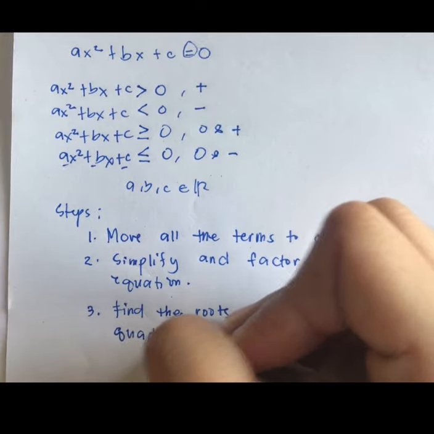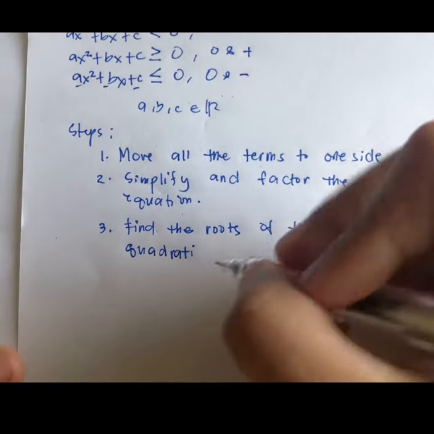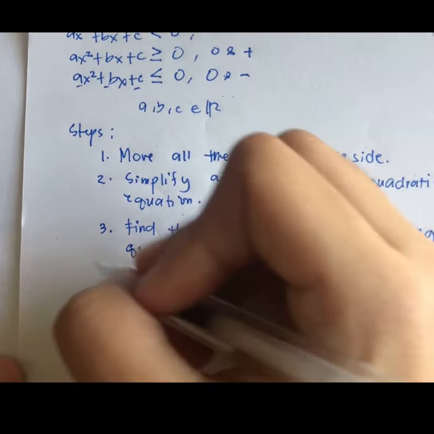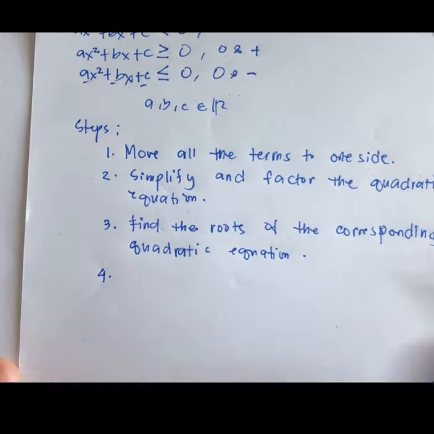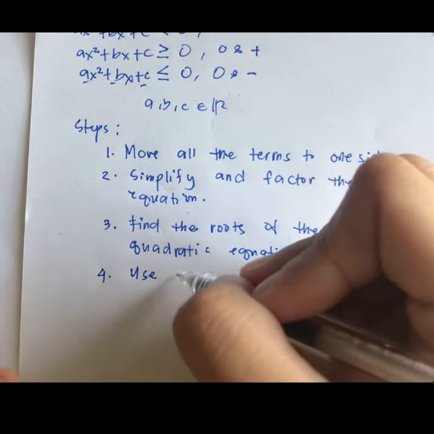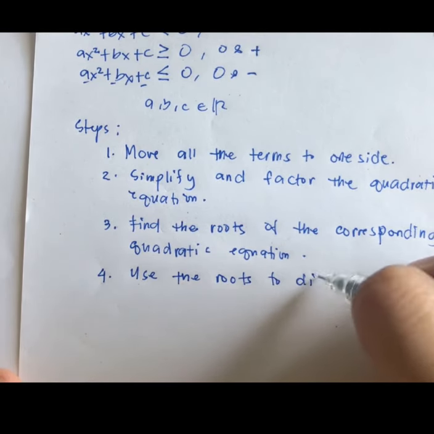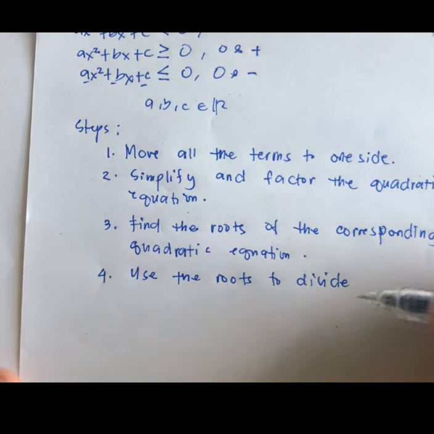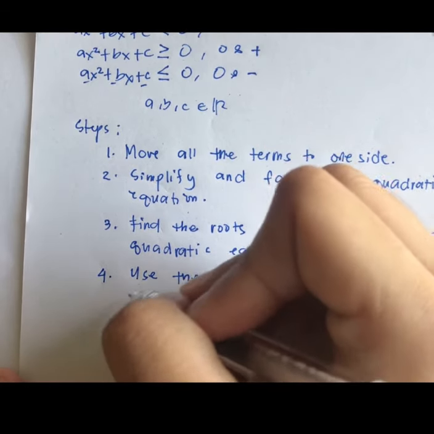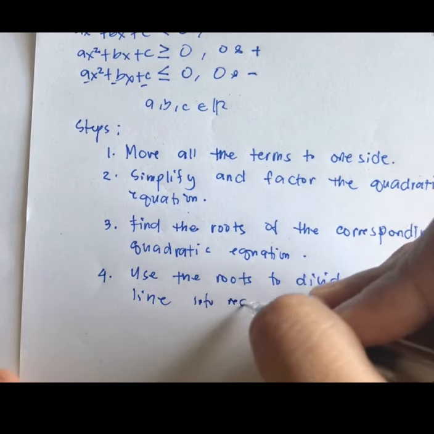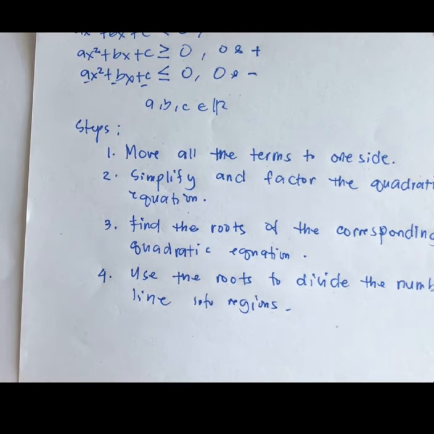Step number 4 is to use the roots to divide the number line into regions.